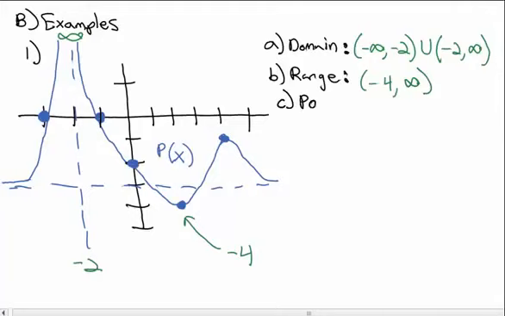See, where is this graph positive? It's positive where it's above the x-axis. Notice it turns positive here at -3 and stays positive up until the asymptote. Now this is a special thing to note.